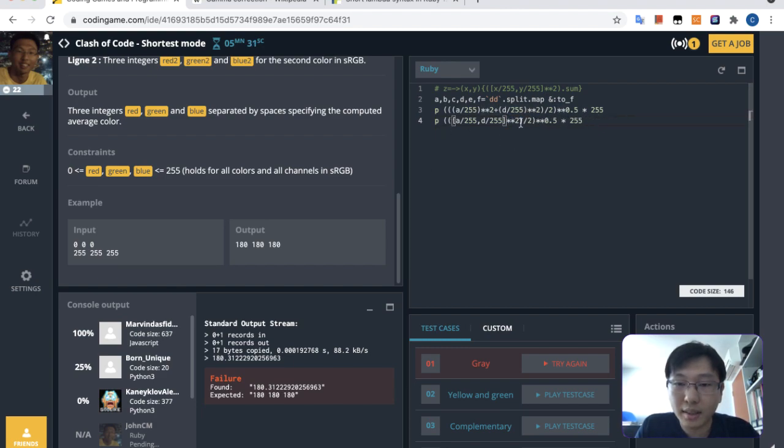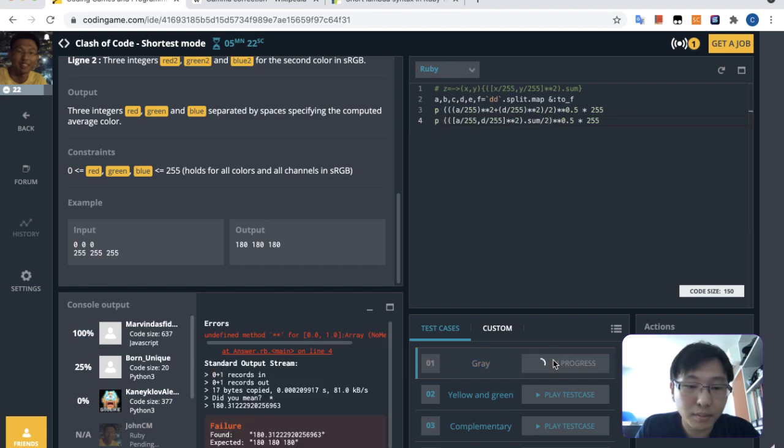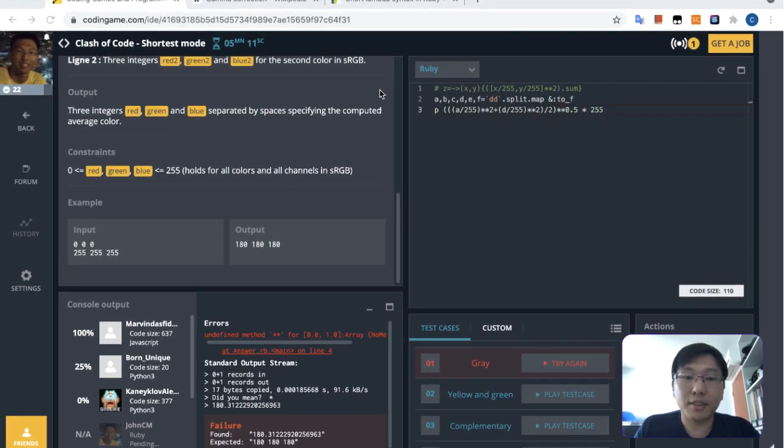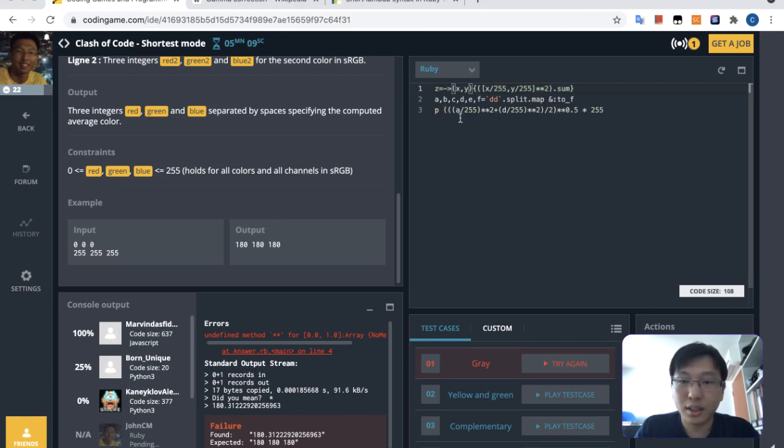If we do a square like that, and then we do a dot sum, divide by 2, we give the same answer. Undefined method squared on array. Nope. So we can't do the squared on the array. I think it's fine. We can just use this very lengthy equation. A bit lazy to actually shorten it. I don't think many people would be able to solve this problem anyway. It's quite tough.